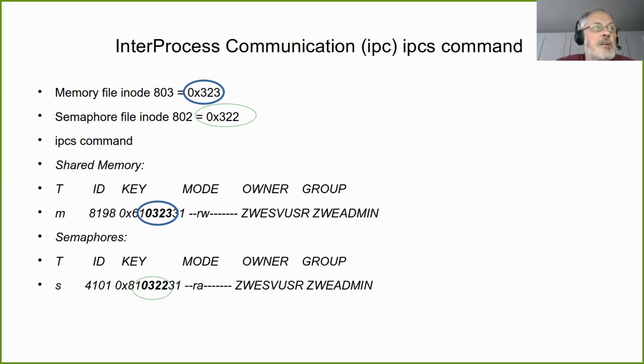And Java 661 on the front, followed by the inode of the file and a number at the back. And you can see, for example, that the owner has read-write access to this file. The group has no access, and users have no access. The owner is the user ID ZWESVSUR, and the group is Zoe admin. And similarly with the semaphore file, the RA means the owner can read, but also alter the semaphore file.